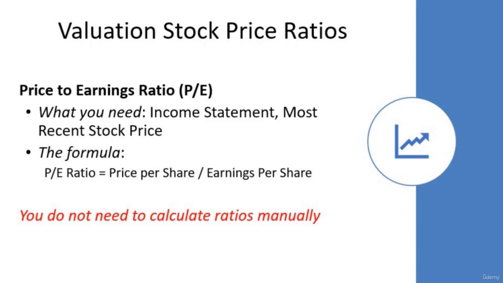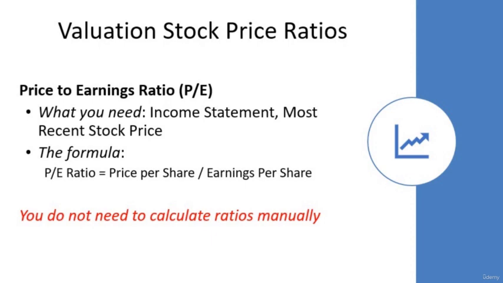Many times people would buy stocks just looking at the price to earnings, or PE ratio. The idea is that you're looking at the stock price compared to its earnings. A low PE would mean that you're not paying as much for a company's earnings, and if you're paying a high PE, then you're paying a premium for the company.